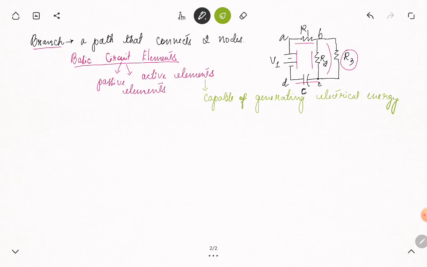Now, some examples of active elements include the voltage source and the current source. Voltage sources, such as a battery or generator, then current sources also.